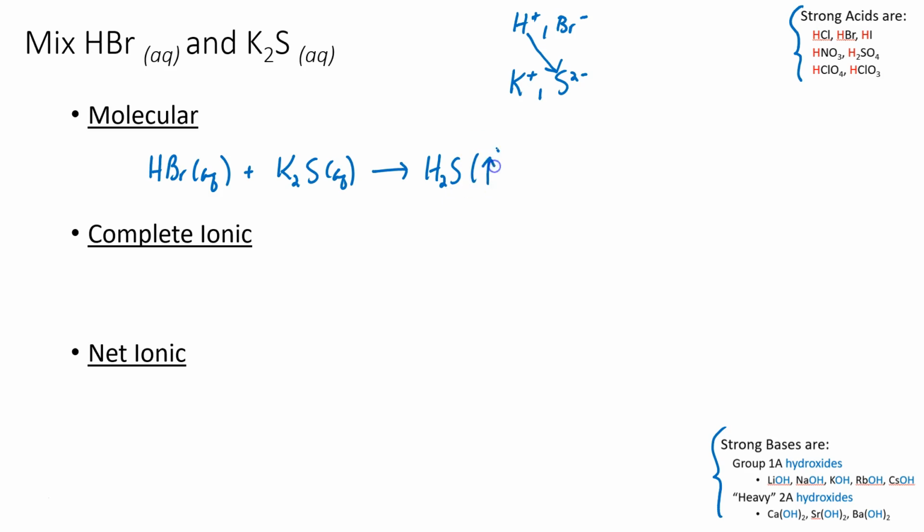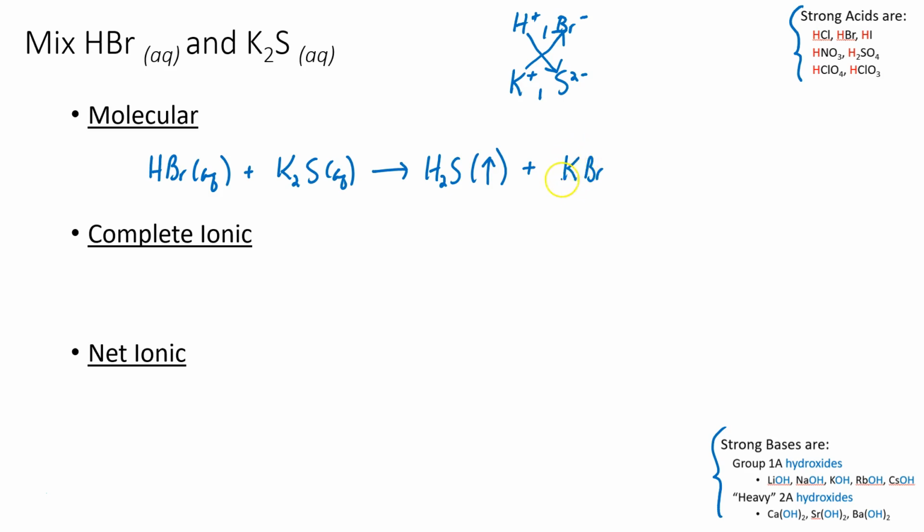And I hope you remember this is a gas. This is the gas with a rotten egg smell. Our other product is just potassium bromide. Notice the potassium is a +1, bromide is a -1. We can write the formula of that compound simply as KBr. And now you do have to remember your solubility rules.